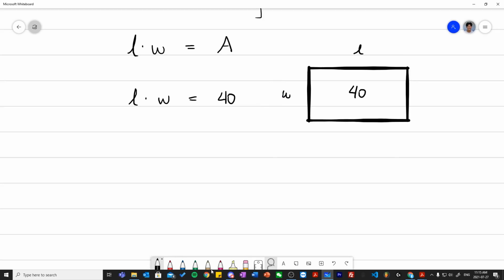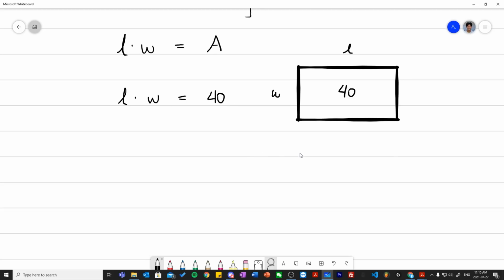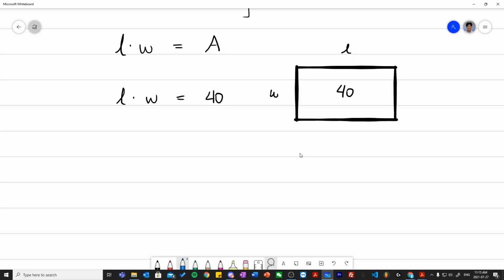This is another way that inverse relationships can be defined: when you have two variables, two different things that you can adjust, and they multiply together to equal a constant value. This constant is called, I think, the constant of proportionality. Yes. So I'm just going to write this down.